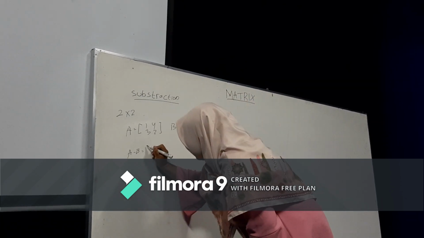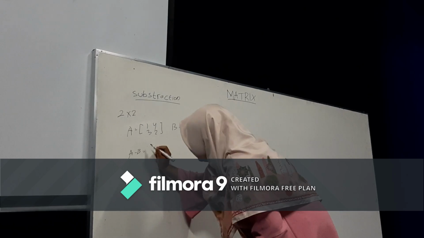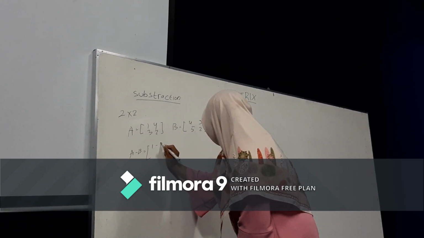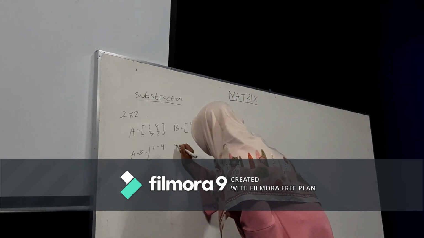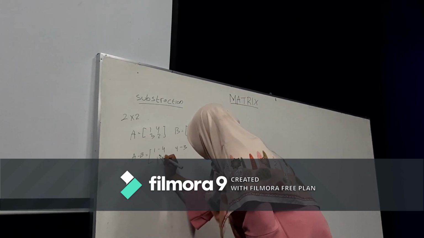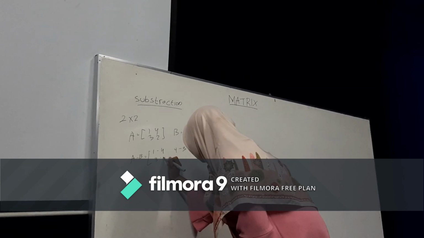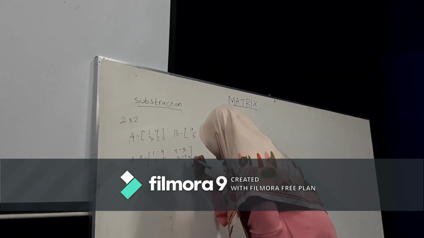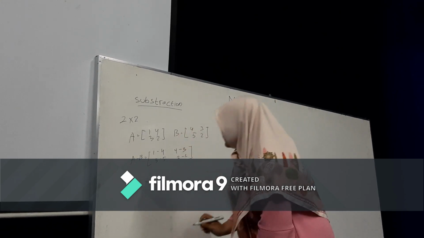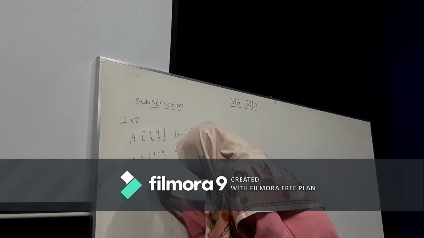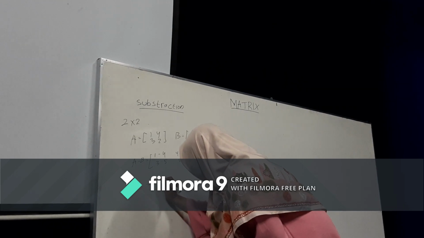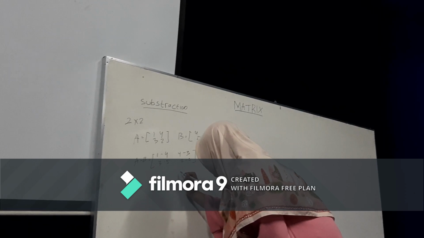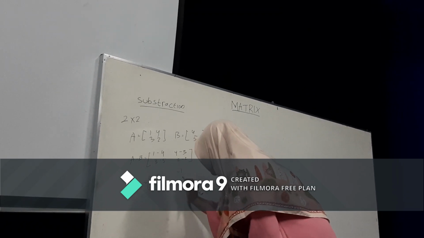So A minus B is equal to open bracket 1 minus 4, 4 minus 3, 3 minus 5, and 2 minus 2, close bracket. So the result is open bracket minus 3, 1, minus 2, and 0.